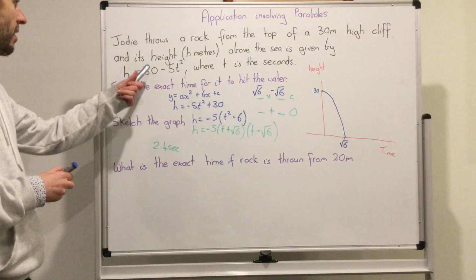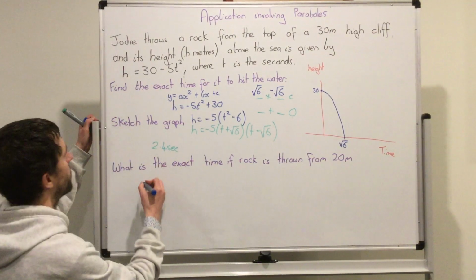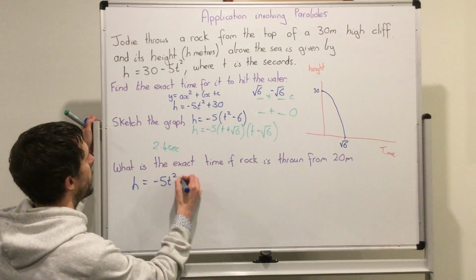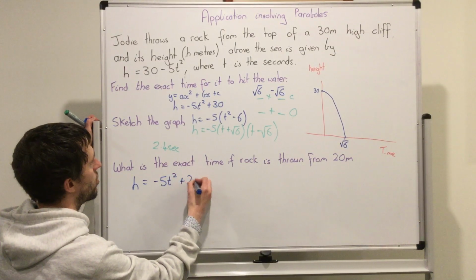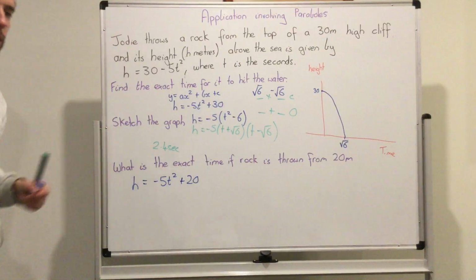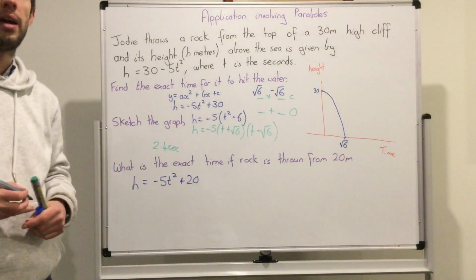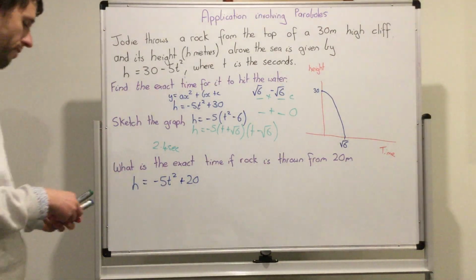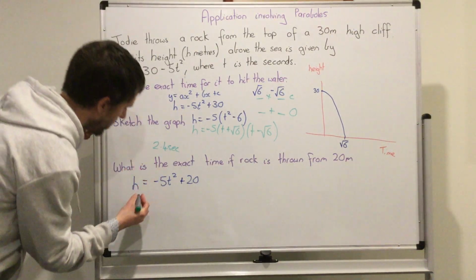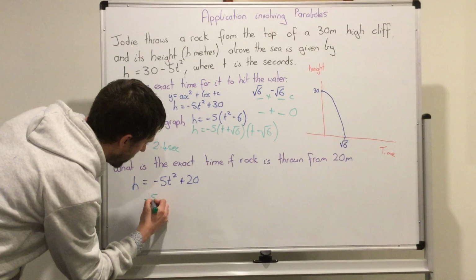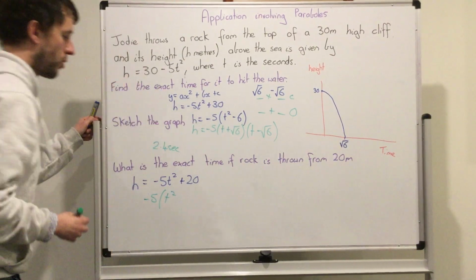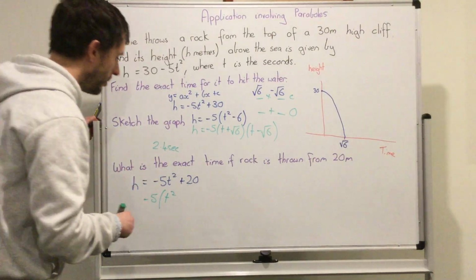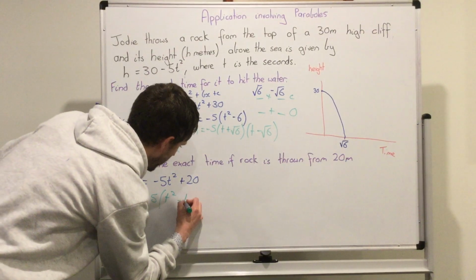Well, straight away, I use the same formula: h equals negative 5t squared plus 20. So now I know I've got this formula. Again, I take the negative 5 out of the brackets and factorise. 20 divided by negative 5 is negative 4.